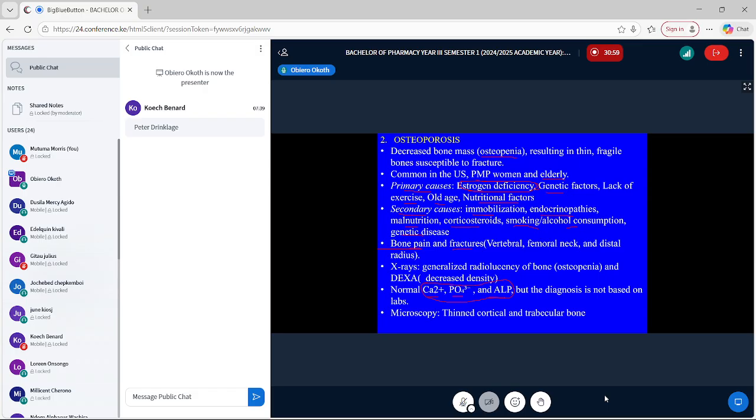The diagnosis is not made on the lab. The diagnosis is made on the X-rays. So generalized lucency of the bone, and thin cortical and thin trabecular bone. The whole bone density is low. The bone mass is low. The labs are normal. Okay.